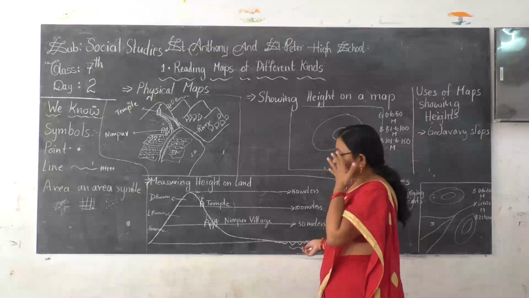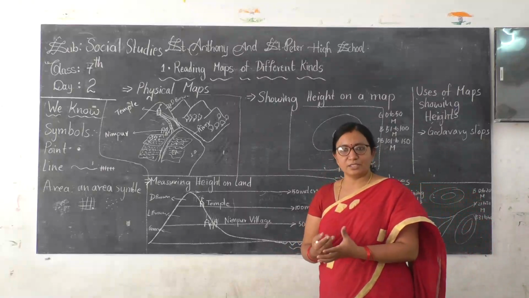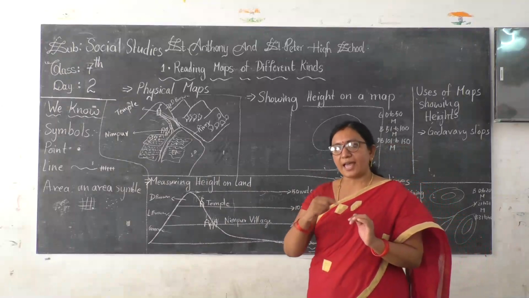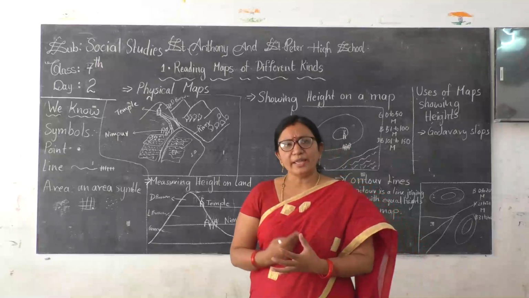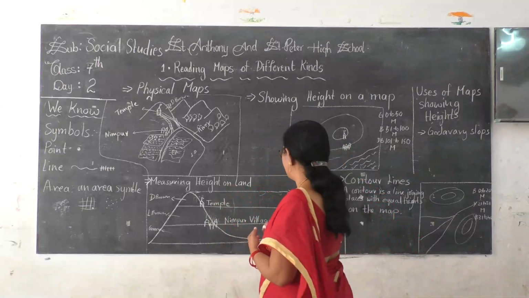So the geographical map makers have considered the sea level as the 0 level. Why is sea considered as the mean sea level?